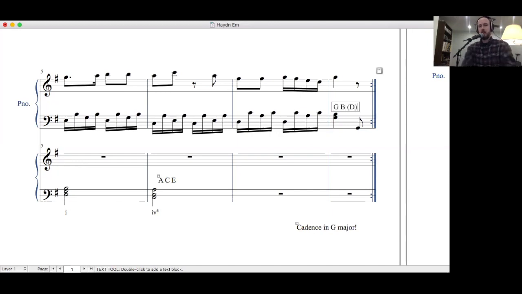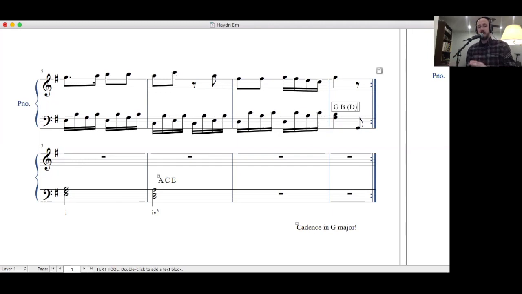So instead, we just assume that the 5th is the note that has been omitted, because that's the least structural note in the whole chord. You need the root to tell you its function, and you need the 3rd to tell you its color, right? So we've got the root for function, and we've got the 3rd for color, major. So we think we're on a G major chord here.